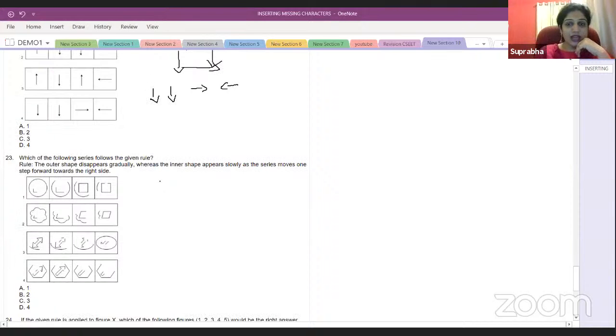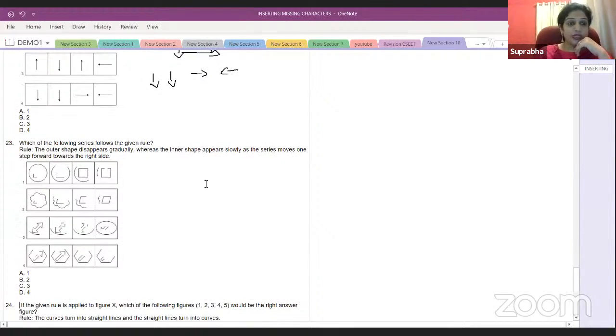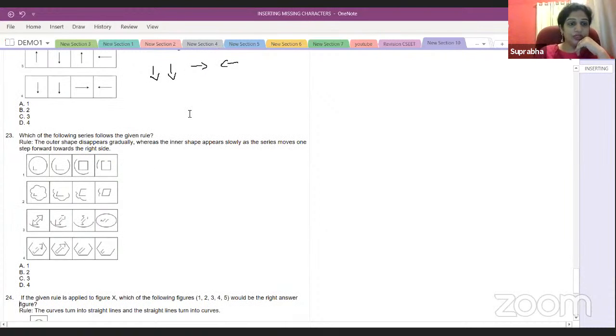So the clue which I'm giving you here is, the outer shape disappears gradually while the inner shape appears slowly as the series moves one step forward to the right side.